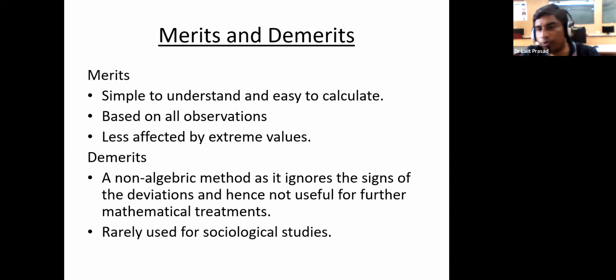If we do not take the absolute value, what will happen? It will neutralize and ultimately you will get a value 0. And it will show 0 deviation, meaning there is no deviation. But there is a deviation, either less or greater. Because of the negative and positive signs, it neutralizes. So that's why statisticians have given the idea that you should take the absolute value and convert the negative into positive.